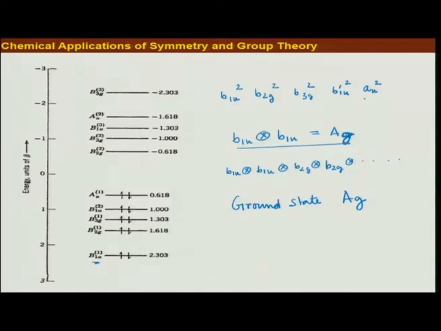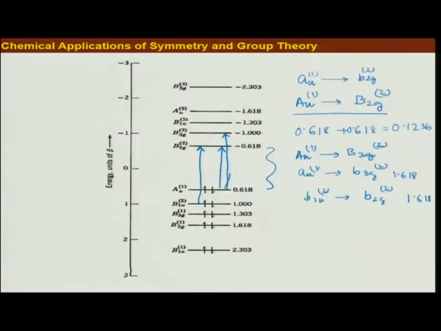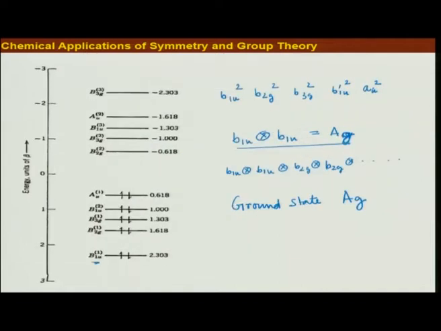Now we have to worry about the excited state. So first we have to worry about this lowest energy transition, right? That is from AU to B2G. If I make a transition from AU to B2G, I can take one of these electrons from here and transfer it here, so instead of here, I'll have it here.